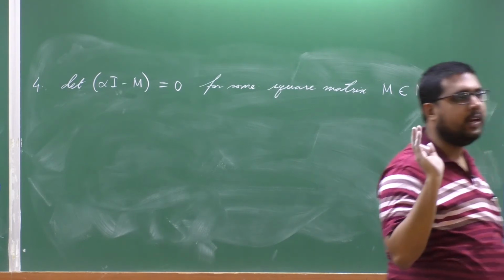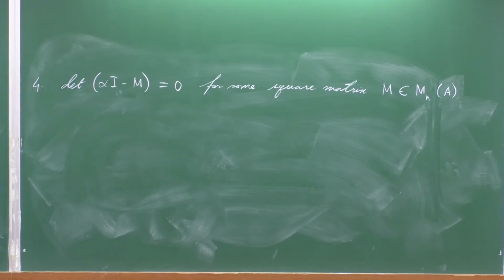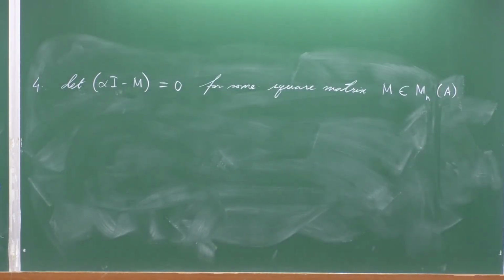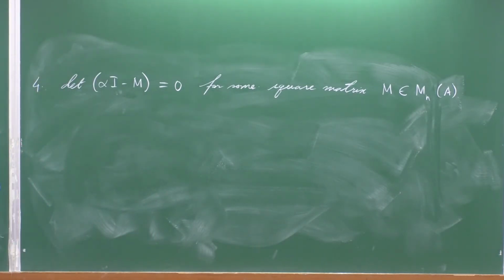For example, if the columns have some dependencies, then the determinant vanishes. Whatever properties we could prove in the field just from the definition will be valid here as well.